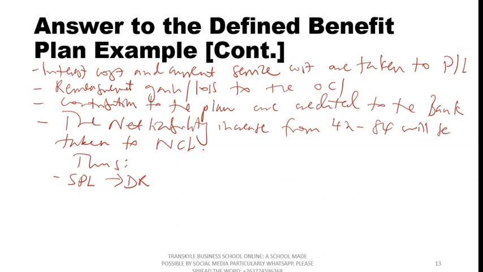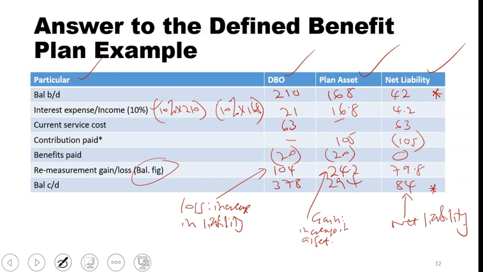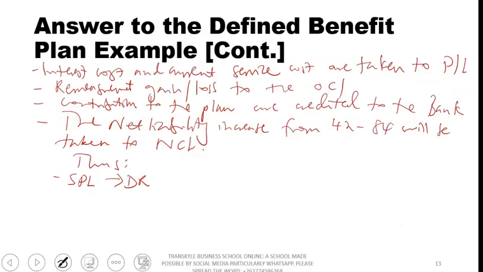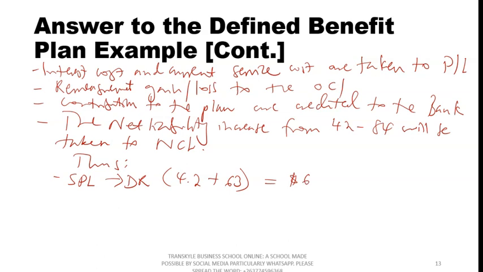From our computation you can see that we have 4.2 and 63. So that's 4.2 plus 63, which is equal to 67.2.